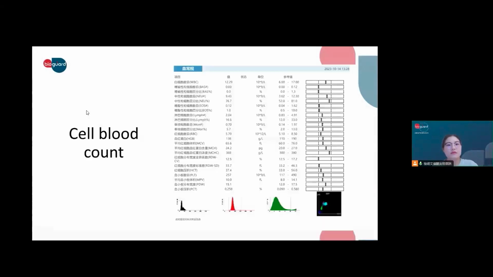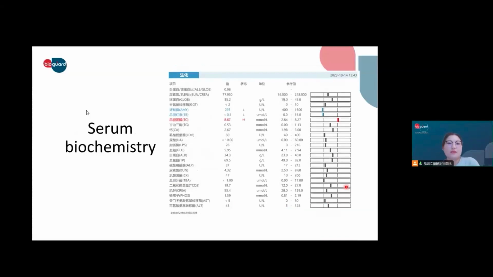Okay, let's continue with the results of this case. The result of his complete blood count was normal, and the result of the serum biochemistry showed a mildly elevated cholesterol level and slightly reduced amylase and bilirubin levels.